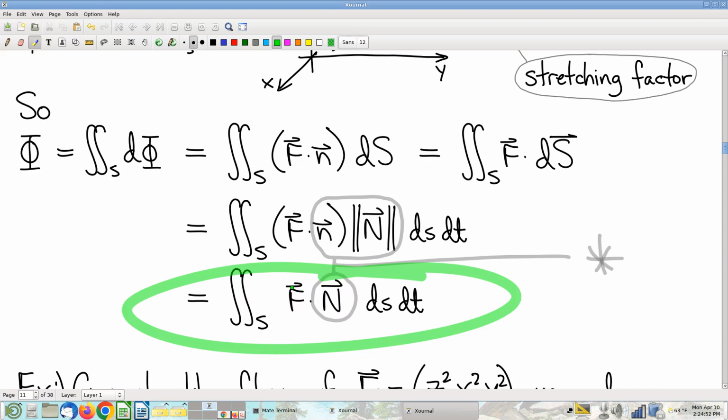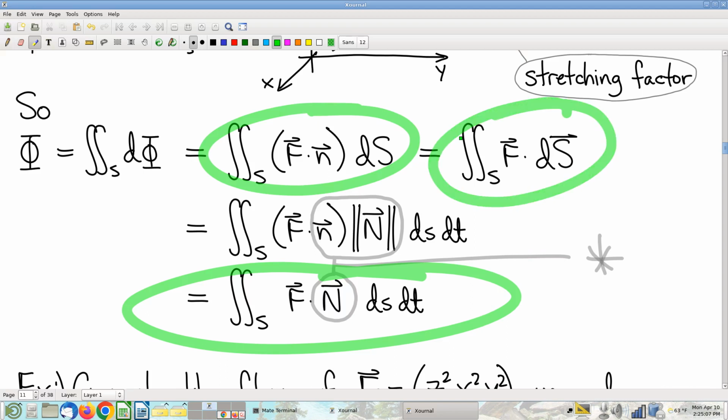Okay. So here's what I'm going to call our parametrized formula for vector surface integrals. Arguably most easily motivated by this formula, most easily represented by this formula, and arguably most easily computed by this formula right here.